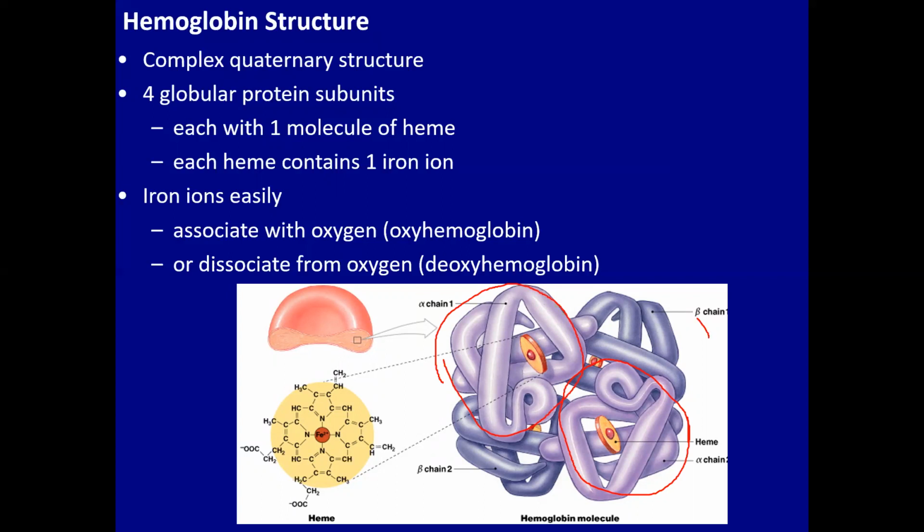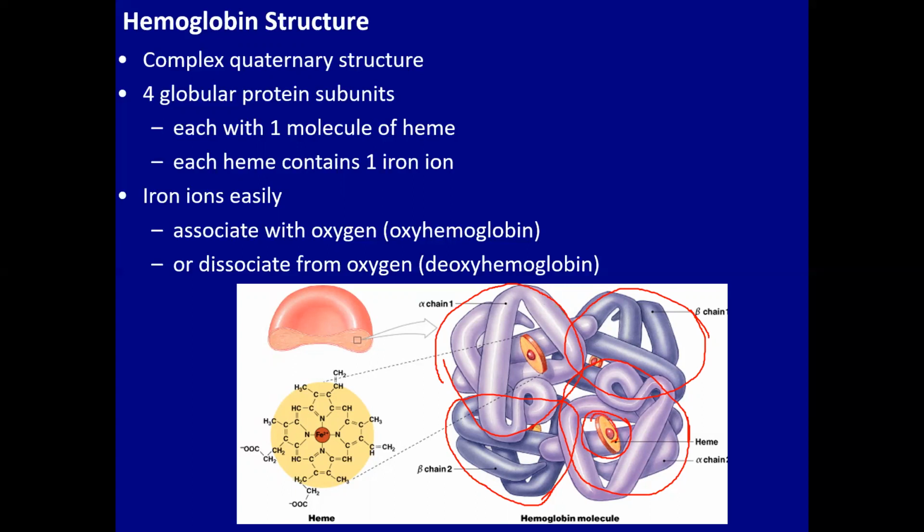So the tertiary structures come together to form the quaternary structure. So these are 4 globular protein subunits. Each one has a molecule of heme, right? So there's 4 molecules of heme, and each one of these contains iron, right?